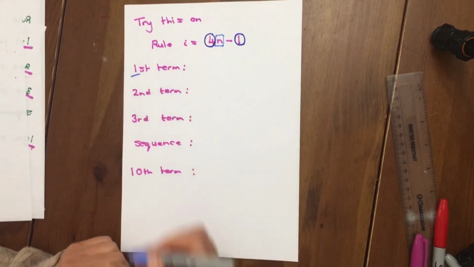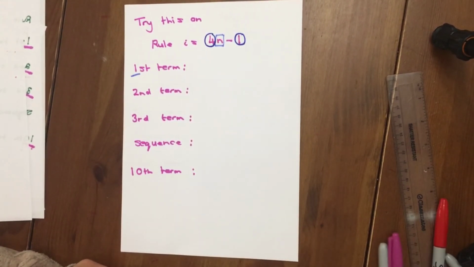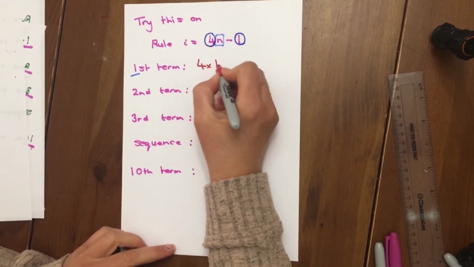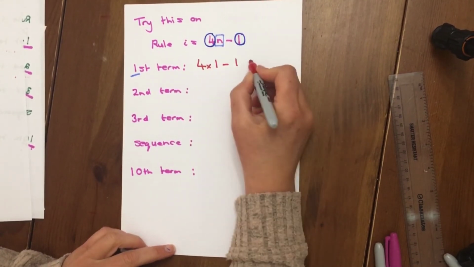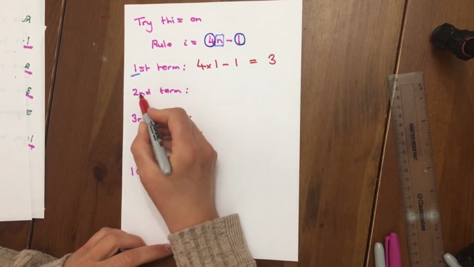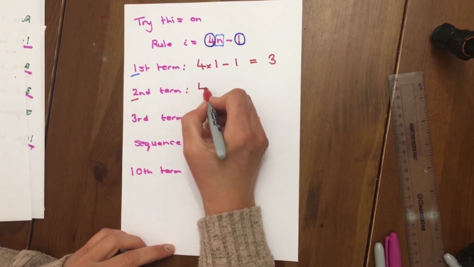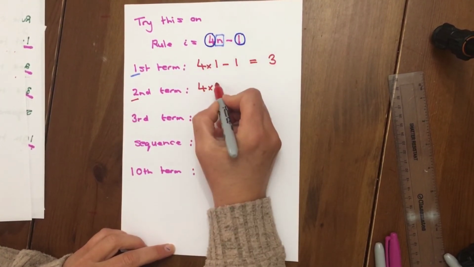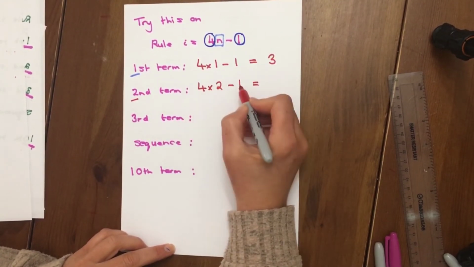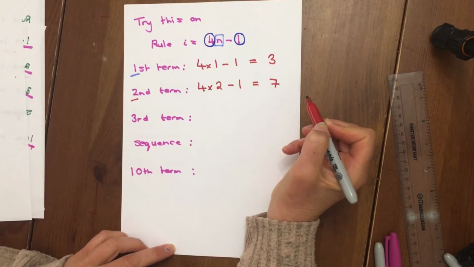So n is 1, the first term. So I will have 4 times 1 minus 1. 4 take away 1 is 3. Second term, 4 stays the same, n changes to 2 minus 1. 8 minus 1 is 7.